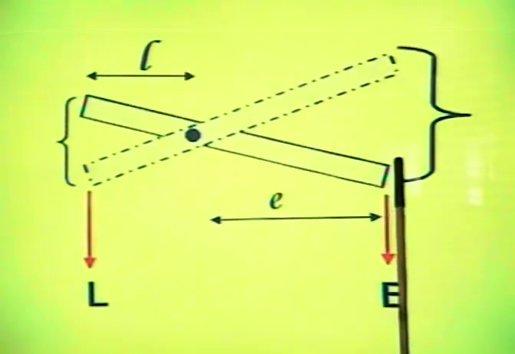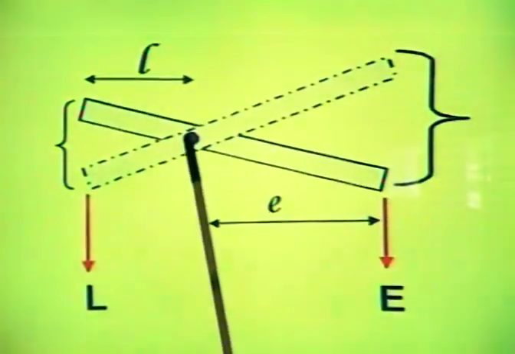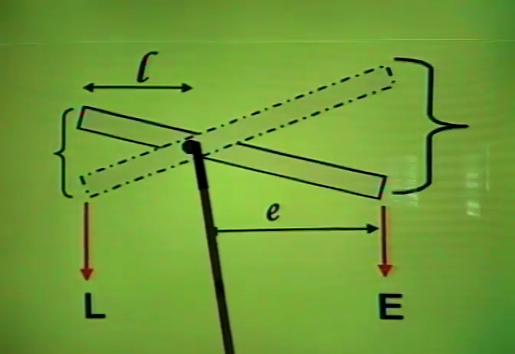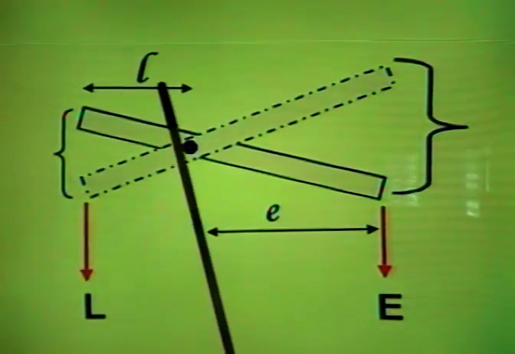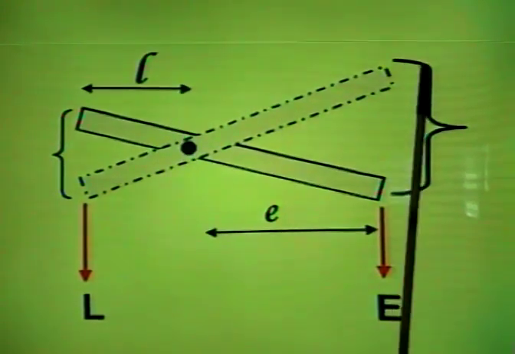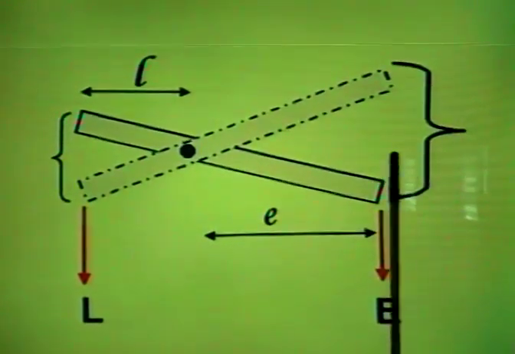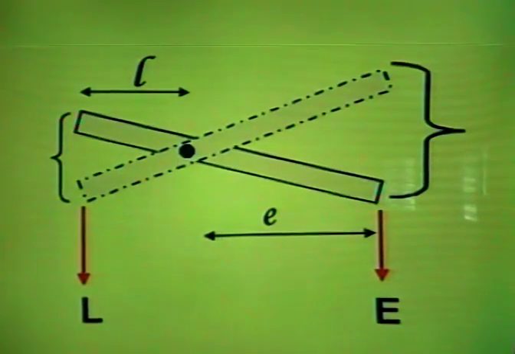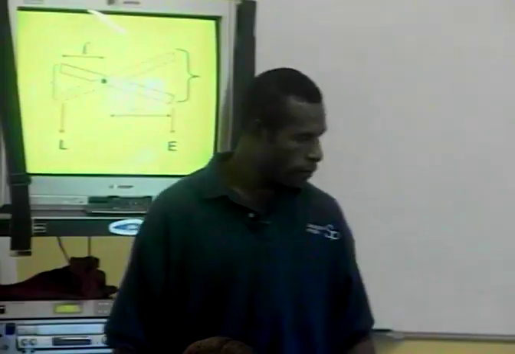So the effort would be this length from there to there, and that is where the fulcrum or the pivot is here, and that is the length. So you have this distance to use to calculate the velocity ratio.